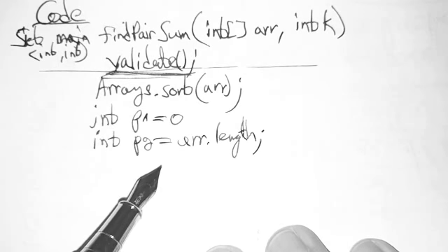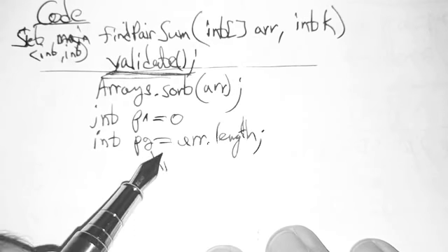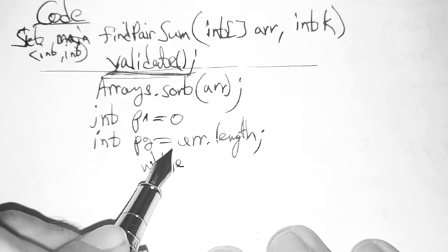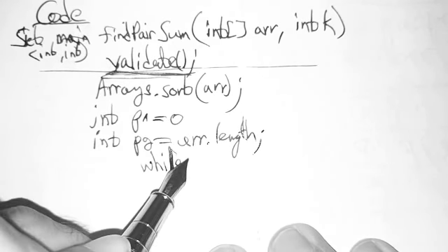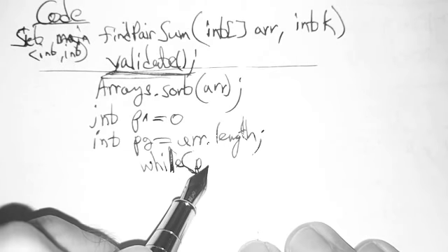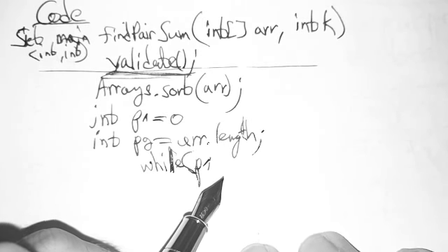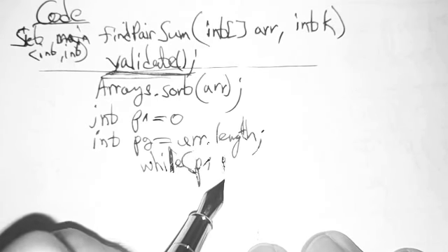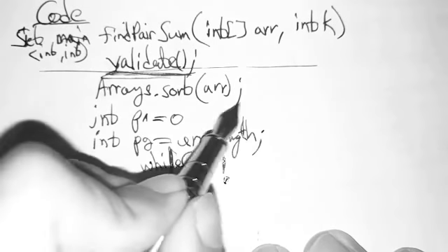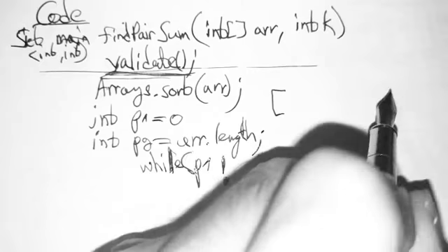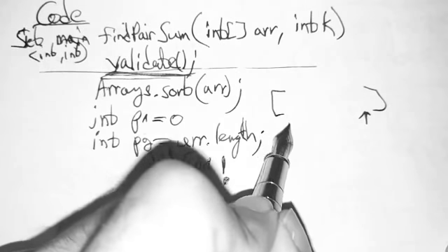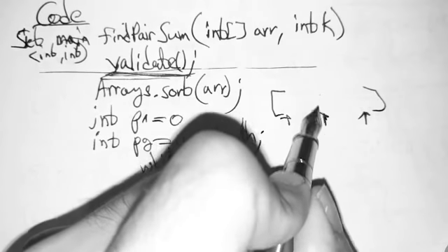Okay, and now we compare simply whether our two pointers are pointing to two different items. So as long as pointer 1 is not pointing to the same item, remember, we are making sure that we did not get both of the pointers to the same item.